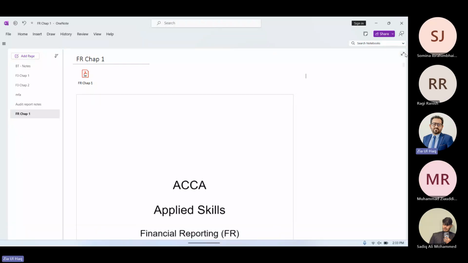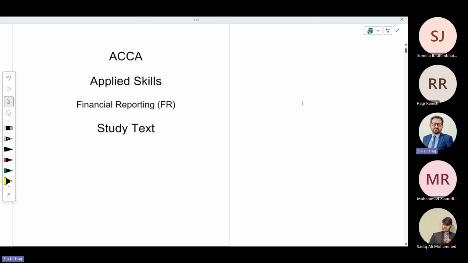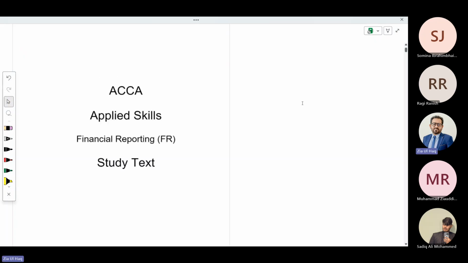So let's start the first pure accounting based paper of ACCA, financial reporting. There are three papers relating to financial accounting in ACCA. One you have already studied, that was financial accounting. That was basic of financial accounting.